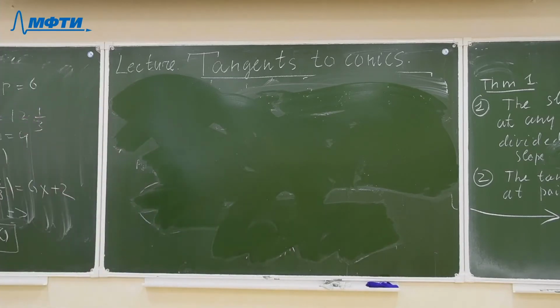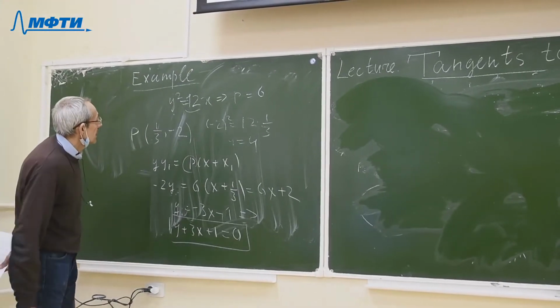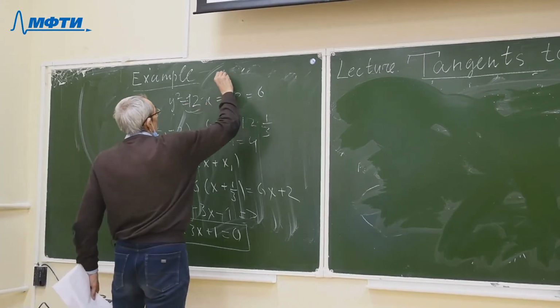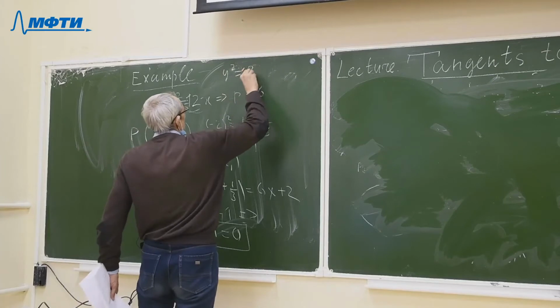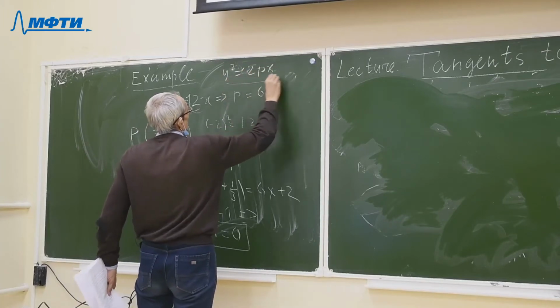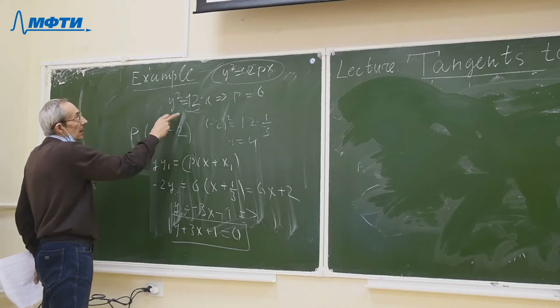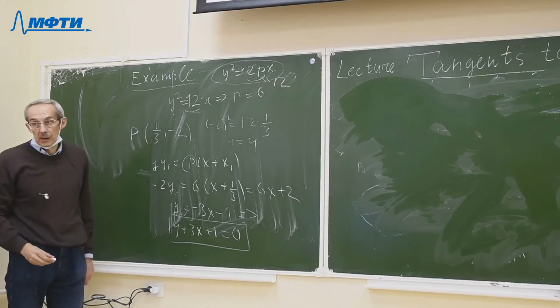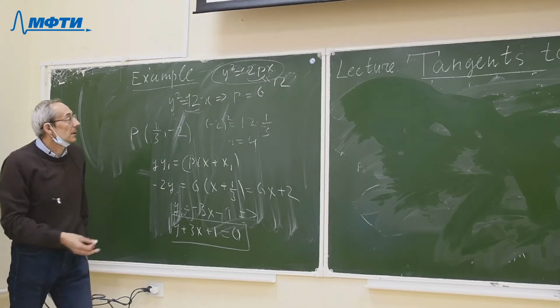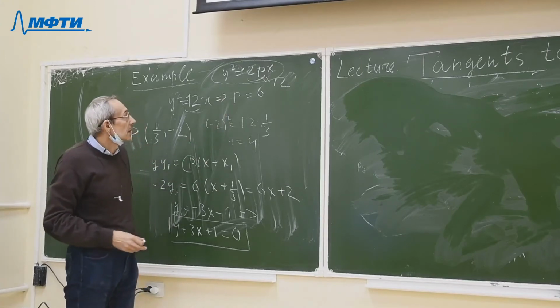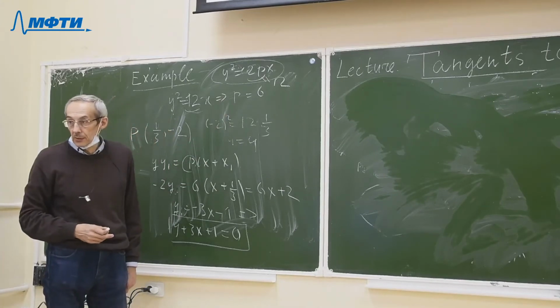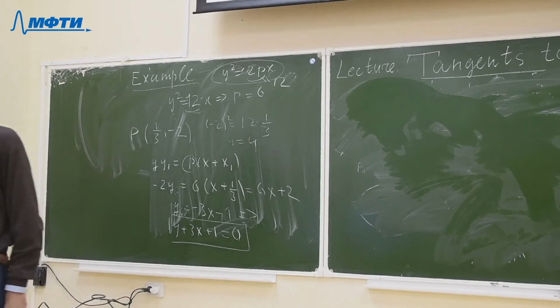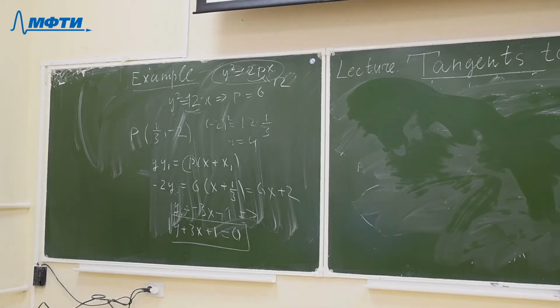Yes. Any question? Sorry. Yes. Why is p equal to 6? Oh, sorry. The canonical equation of parabola is y square is equal to 2px, and in our case 2p is equal to 12, then p is equal to 12 divided by 2, and we obtain that p is equal to 6. Yes. Okay.